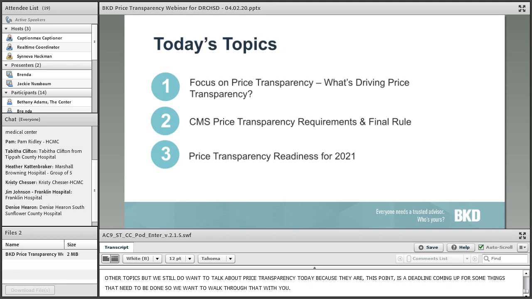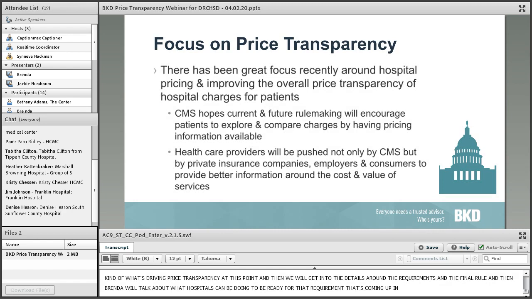These are today's topics. We're going to talk about price transparency and what's driving it at this point. Then we will get into the details around the requirements and the final rule. And then Brenda will talk about what hospitals can be doing to be ready for that requirement that's coming up on January 1st of 2021.